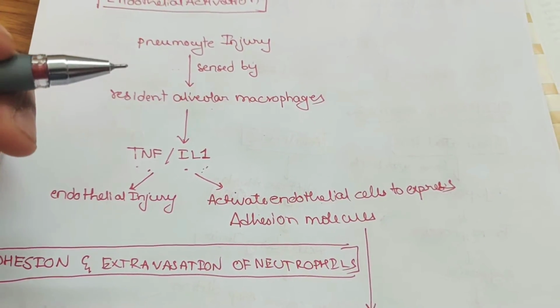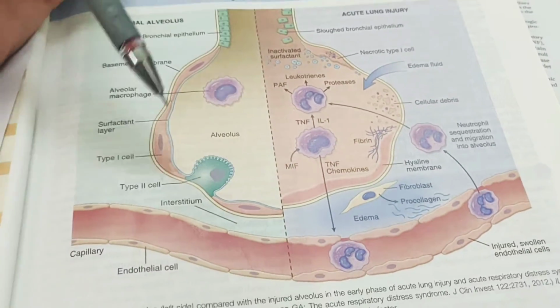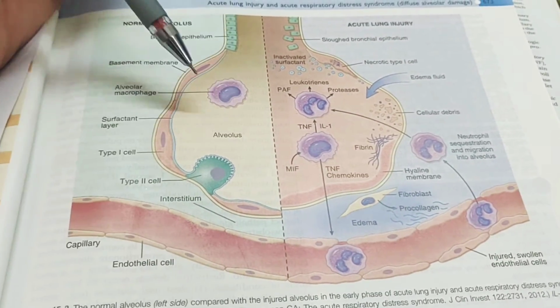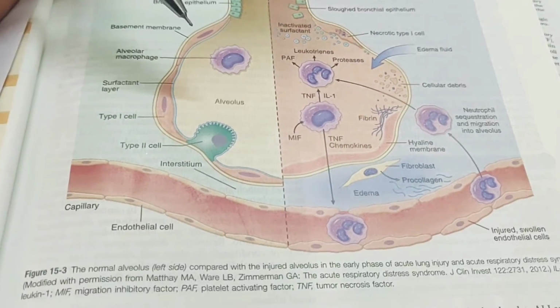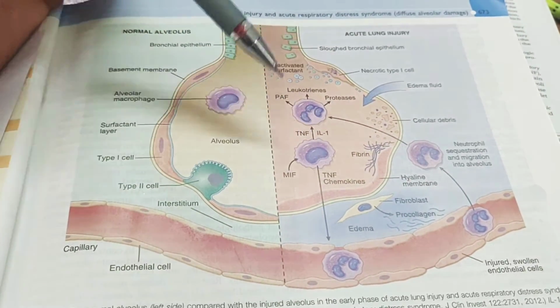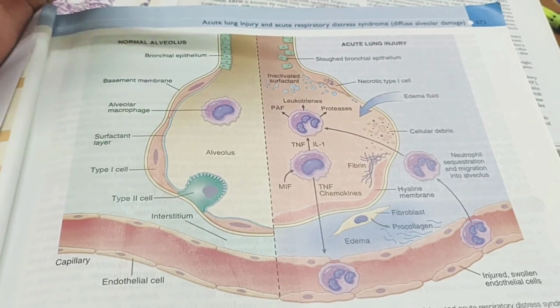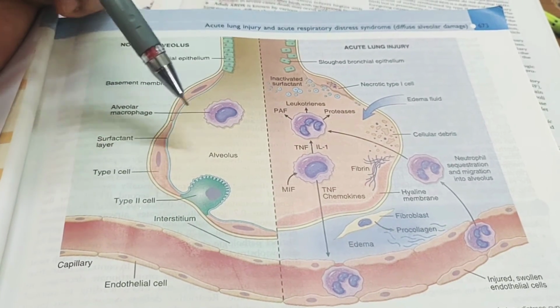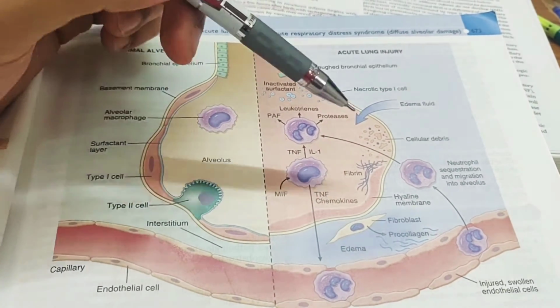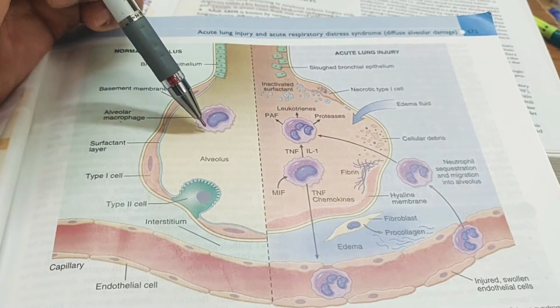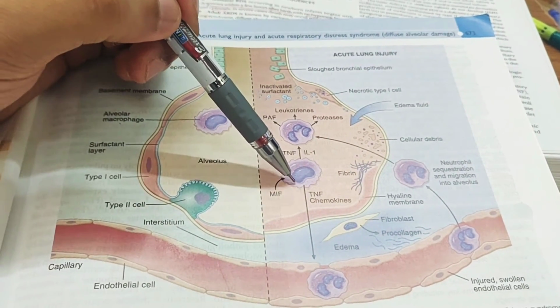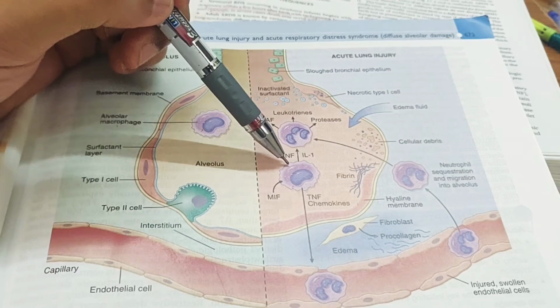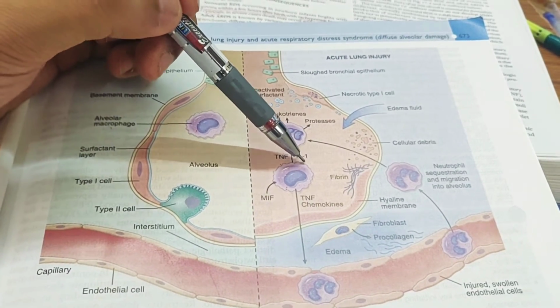leukocytes. When you see here, this is a diagram. On the left side there is a normal alveoli, and on the right side we can see acute lung injury. Whenever there is damage to these pneumocytes, the alveolar macrophages get activated, and they release tumor necrosis factor and interleukin 1.